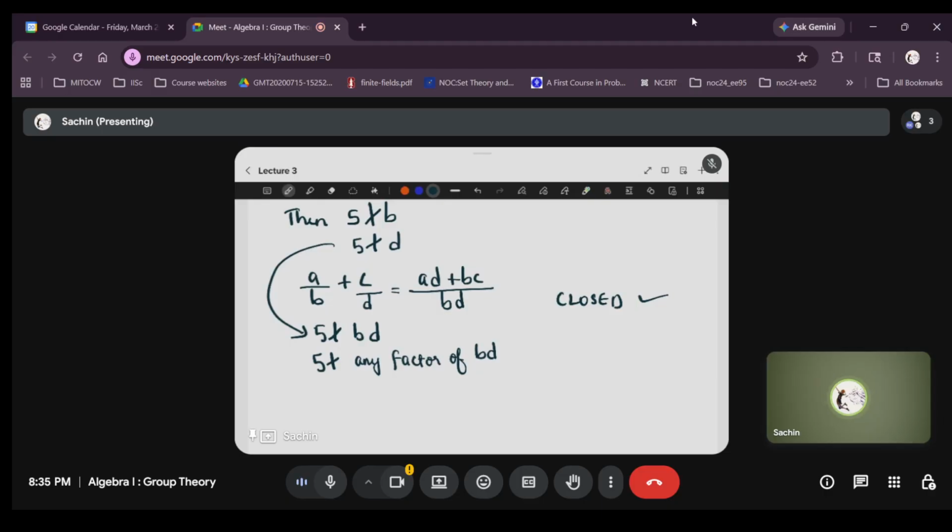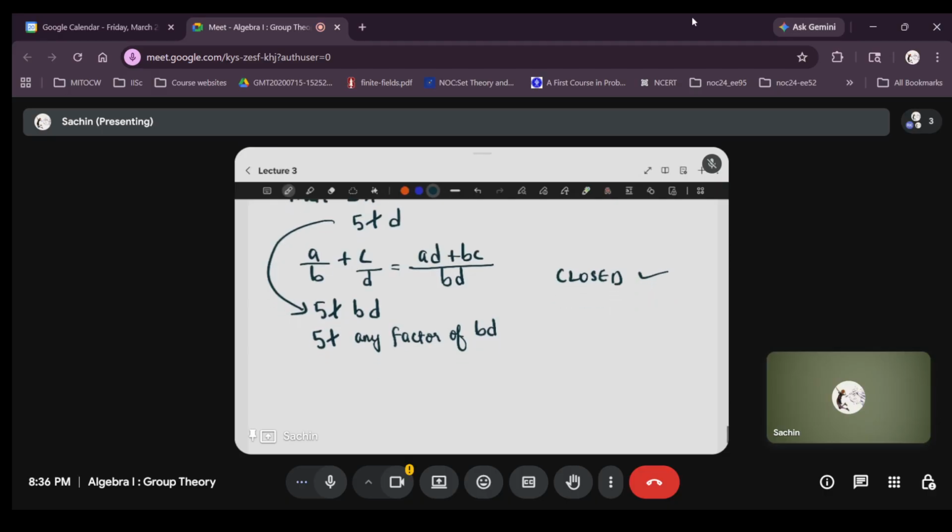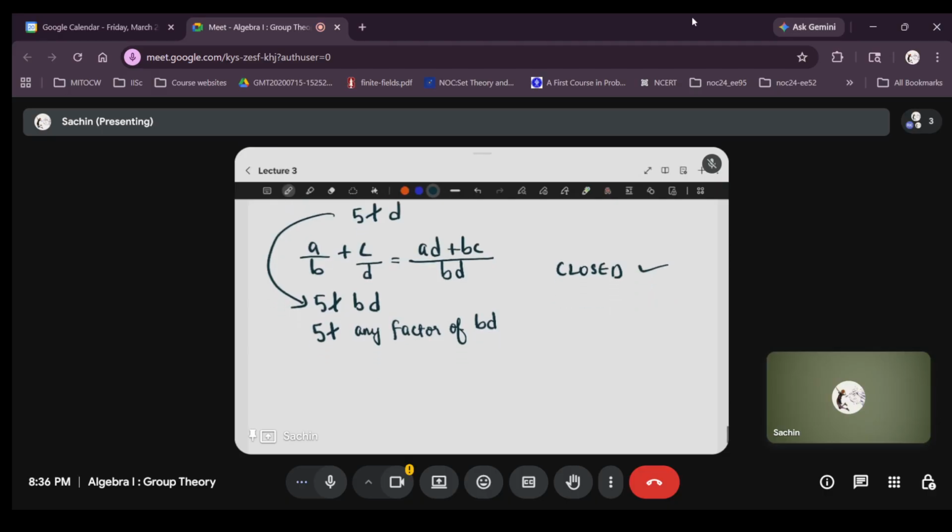What is the identity element? This is addition, right? Yes, the rationals include 0, because you can write 0 as 0 by 1.